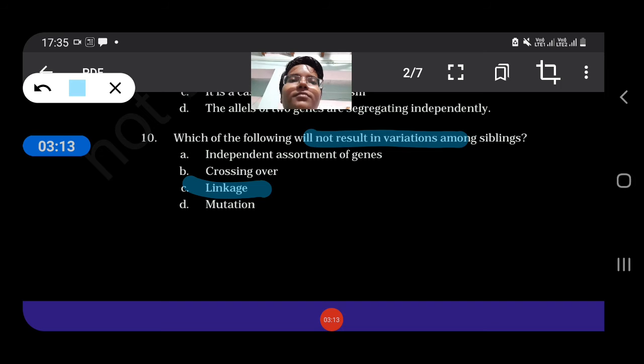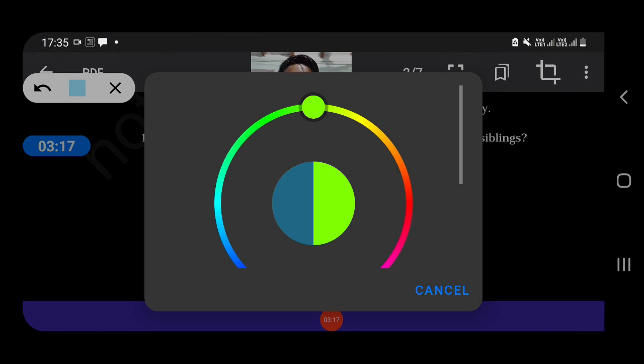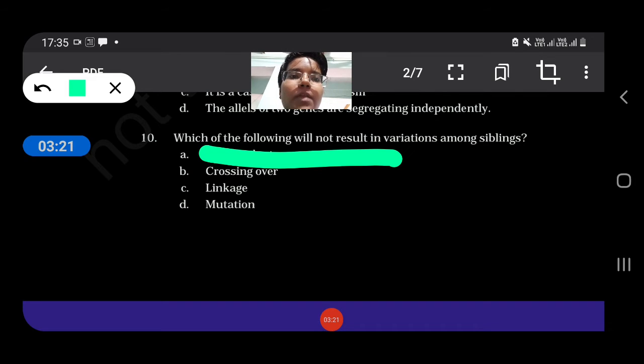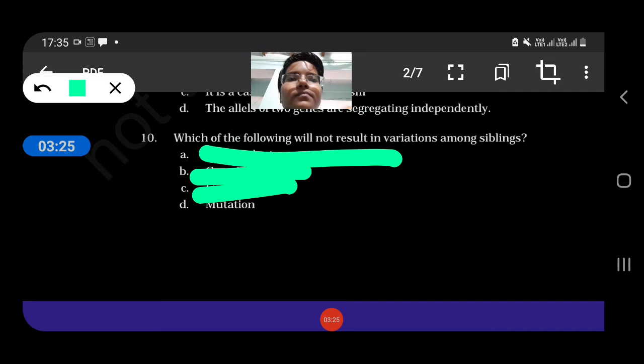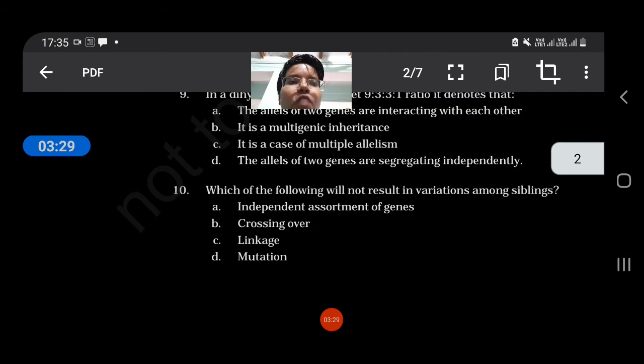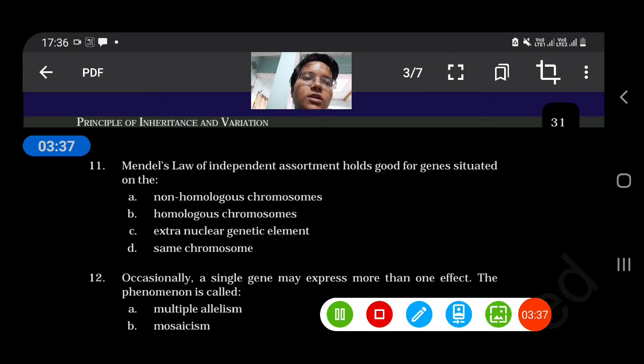As you know, independent assortment of genes, crossing over and linkage result in what? Mendel's law of independent assortment holds good for genes situated on non-homologous chromosomes.